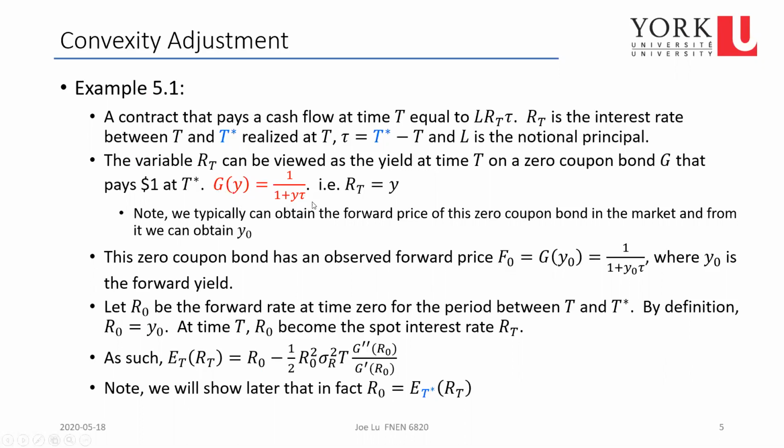So we can make a substitution: if F naught is what we call the forward price of G based on an implied yield of Y naught, and it is of this particular form, we call Y naught the forward yield.